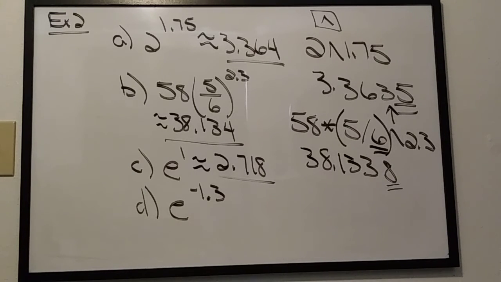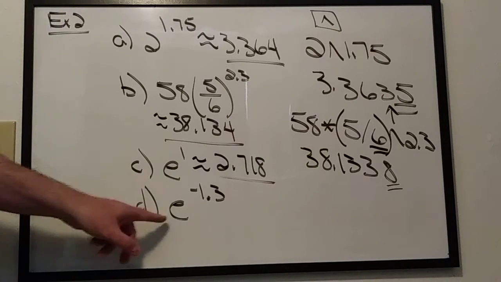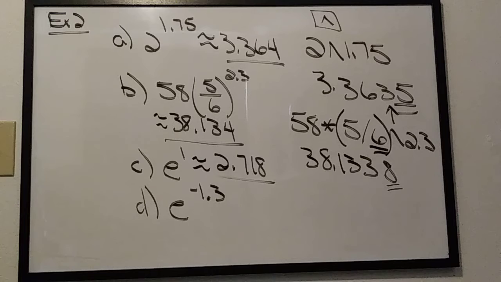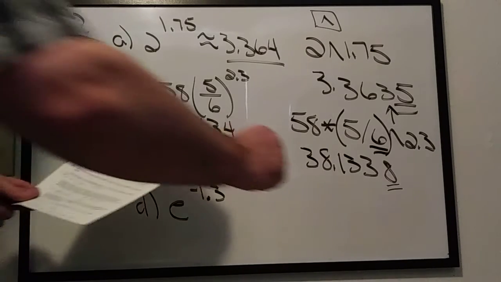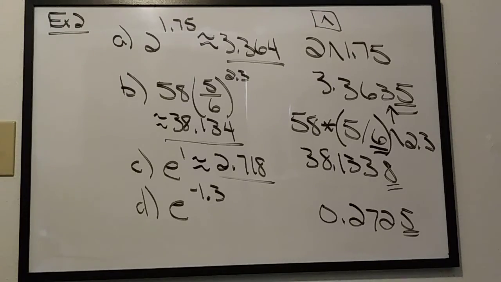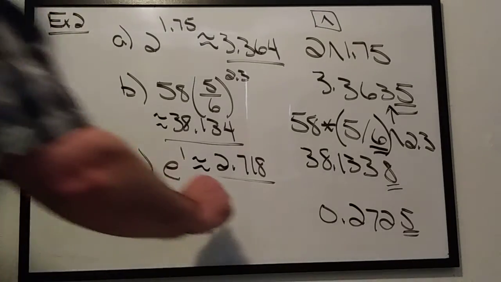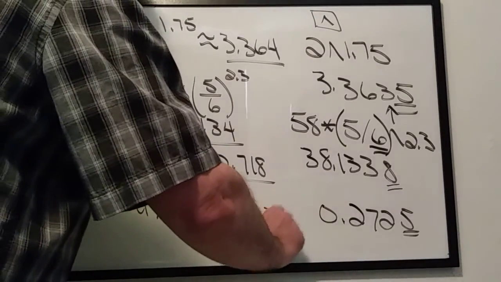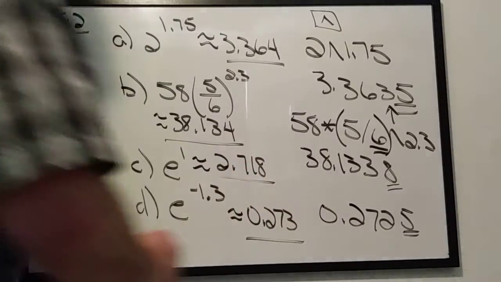Well, now that we know that e exists, we can take e to any old power that we feel like. So we can do e to the negative 1.3 power, for example. So once again, second natural log, and you can go ahead and do that e to a power, and this time we're going to get a number on our calculator screen that is 0.2725. 5 and above means we're going to round up, so this one's about 0.273.